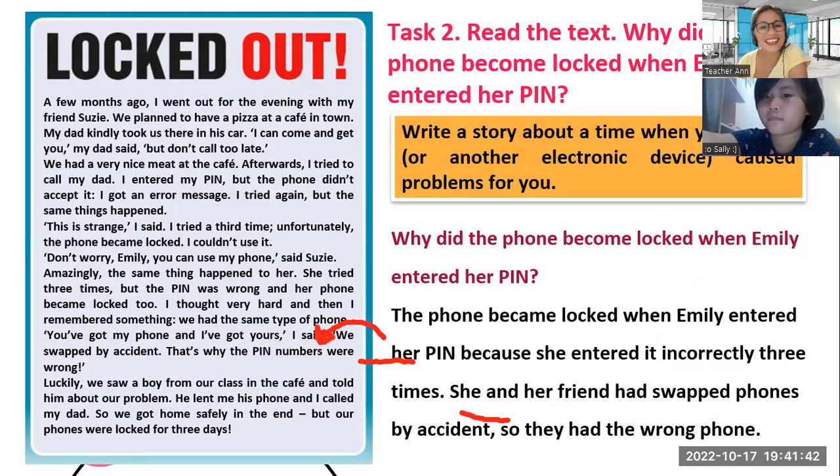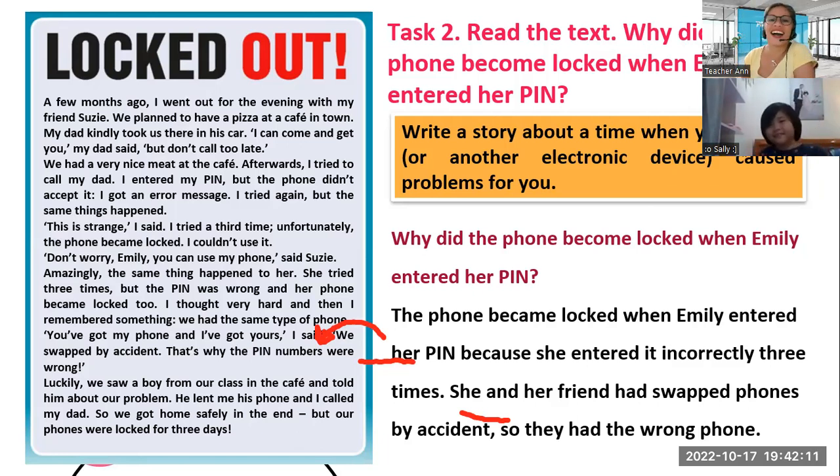Just like last time, the same thing happened when I used it two times. My mom said, this is strange. Don't worry. Use my phone. Amazingly, the same thing happened to my mom. She tried to enter the pin, just wrong. Her friend was a hacker.